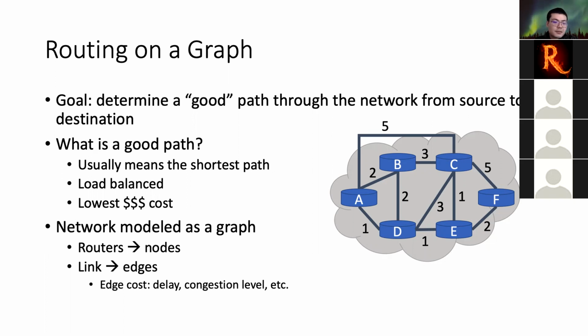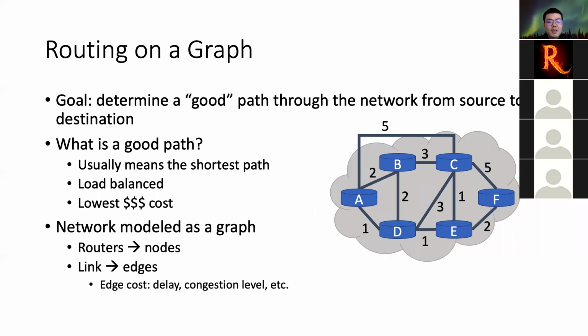In any case, we can model the network as a graph. Internally, in the same institution, usually it means the shortest path. But sometimes between AS, if these are different AS, we will consider the cost center. The network can be modeled as a graph, where nodes are routers or the host sending to the router, and links are the edges. These are actually physical links between two routers, but you can regard them as edges, and there's a latency.